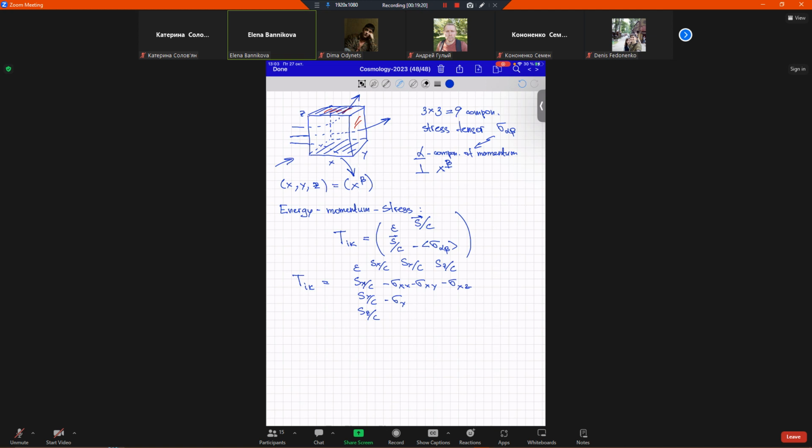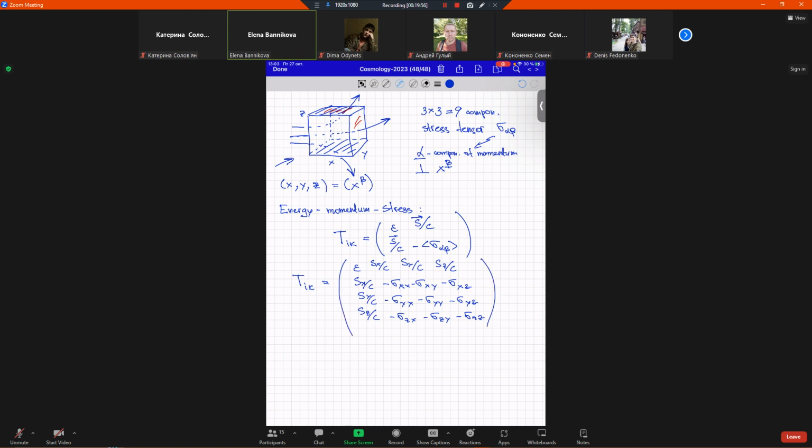We understand that if we have some symmetrical distribution and motion of the matter, in this case we can even arrive at some diagonal form of the energy momentum tensor, minus sigma YY, minus sigma YZ, minus sigma ZX, minus sigma ZY, minus sigma ZZ. Okay.